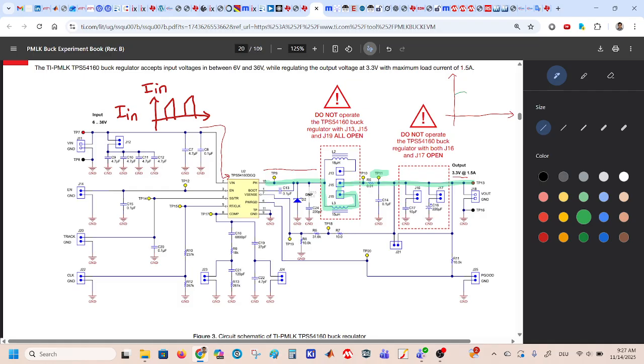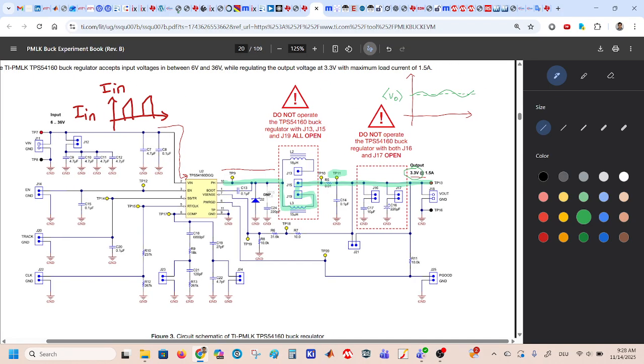It will look like that. And the average of the output voltage will always be 3.3 volts. This is 3.3 volts plus minus voltage ripple.